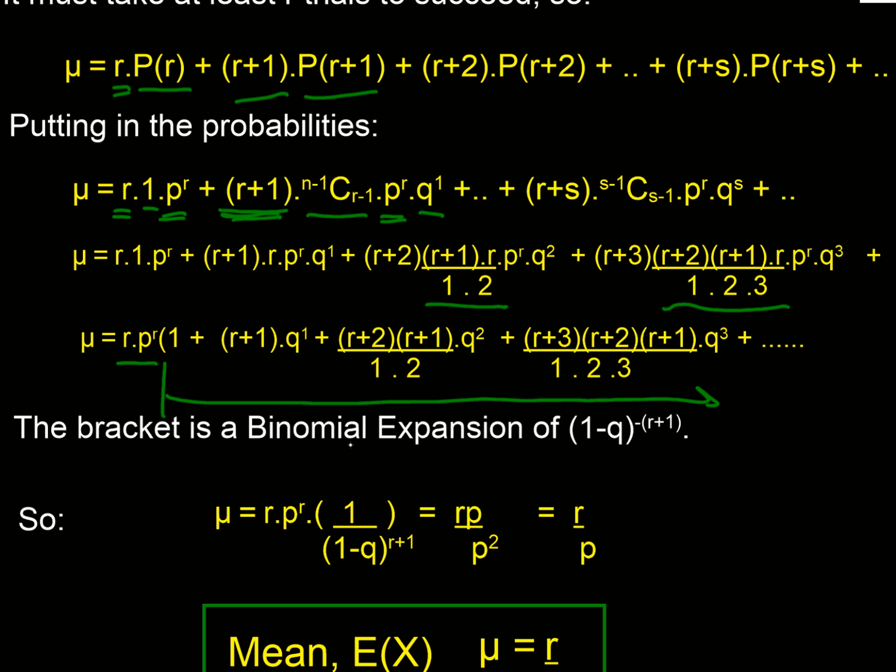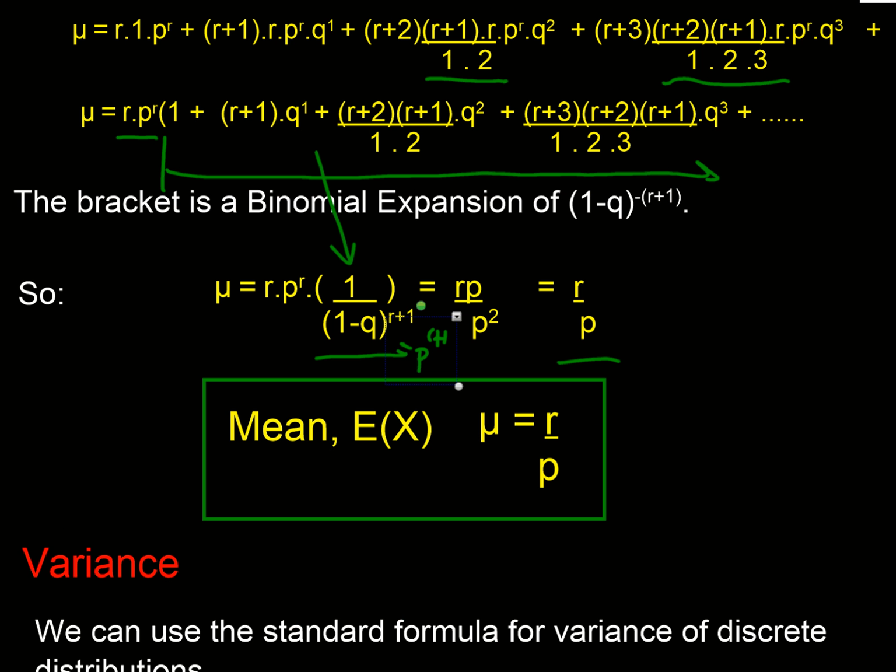So if I know that, I could substitute that in place. I know what the binomial is I was expanding. There it is. 1 over 1 minus q, brackets all to the power r plus 1. Well, of course, that's p to the r plus 1, isn't it? So I can do some cancellation. And before I know where I am, I've got that my mean is r over p.